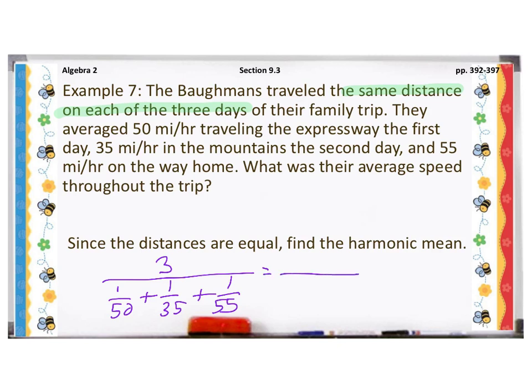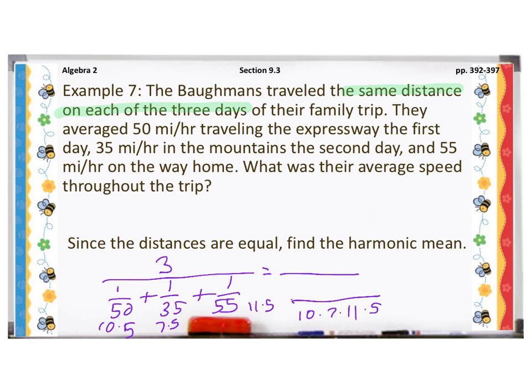So to do that, I see I have 7 times 5, I have 10 times 5, and I have 11 times 5. So I need 10 times 7 times 11 times 5. All right, so that's my new denominator: 10 times 7 times 11 times 5.